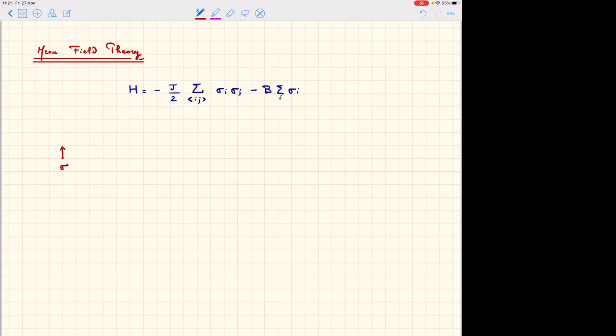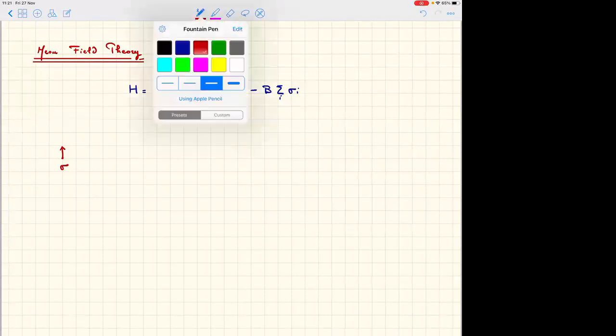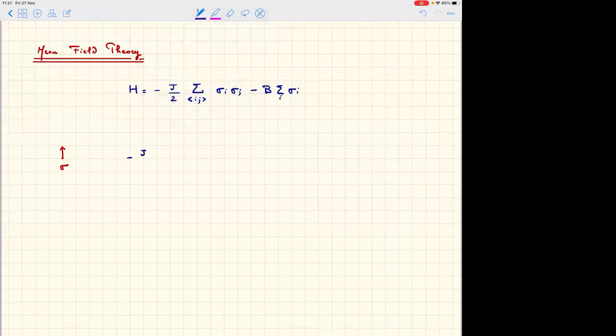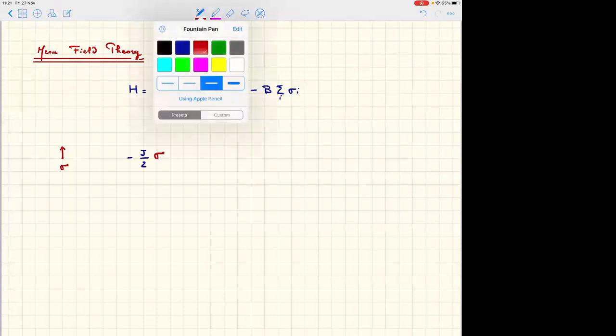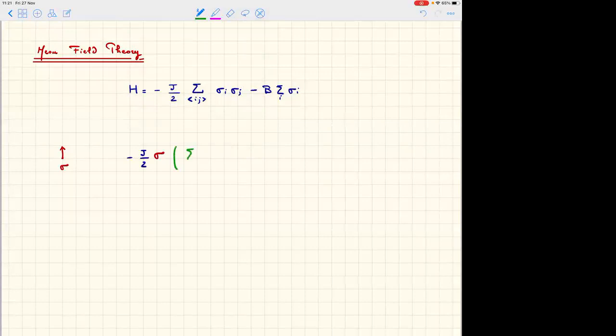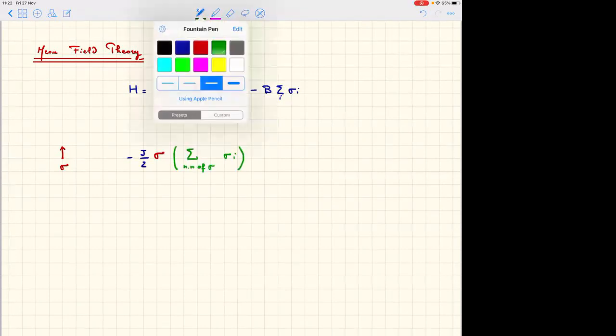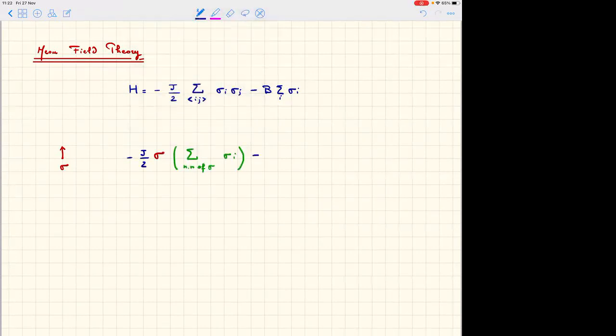So all the terms in this Ising model that contain the spin sigma are going to be minus J over 2 sigma times the sum over nearest neighbors of sigma, sigma_i, minus B times sigma, right?